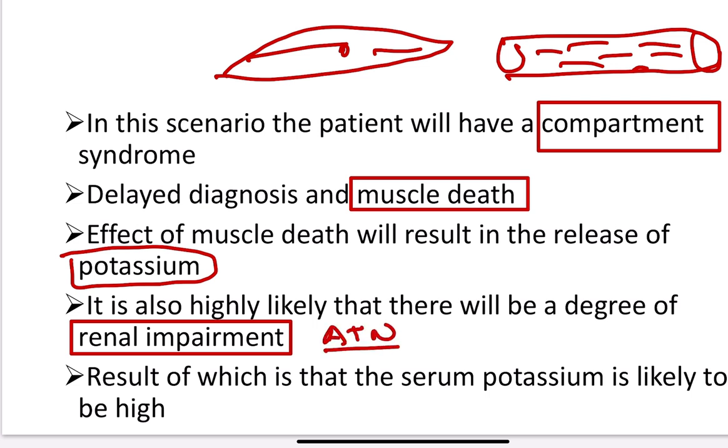Acute tubular necrosis occurs due to the myoglobin from the muscle, and as a result the serum potassium level will be increased. So any type of cell death, not only trapping in a road traffic accident, any event which causes destruction of cells, will increase the potassium level.